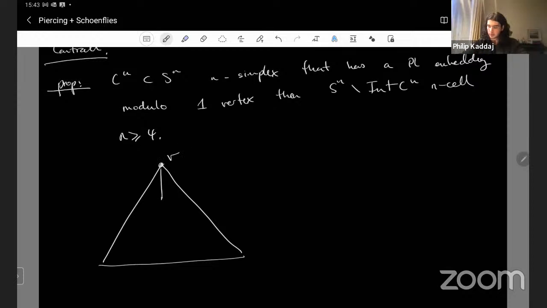So if this is our simplex, then we can remove another simplex En from the interior and connect it via a straight line segment alpha.